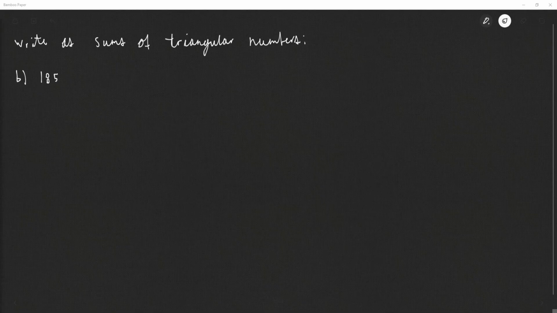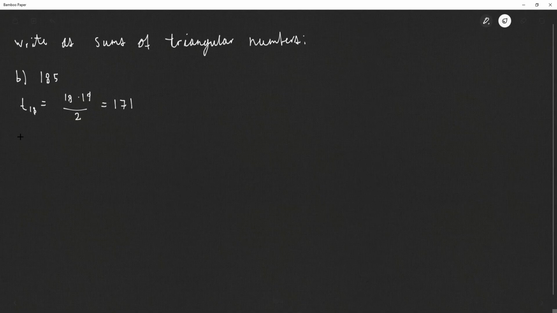Just like the last question, we're going to do a little bit of trial and error to see how close we can get to 185. After a little bit of looking, you'll get that t18 is equal to 18 times 19 divided by 2, which gives us 171.